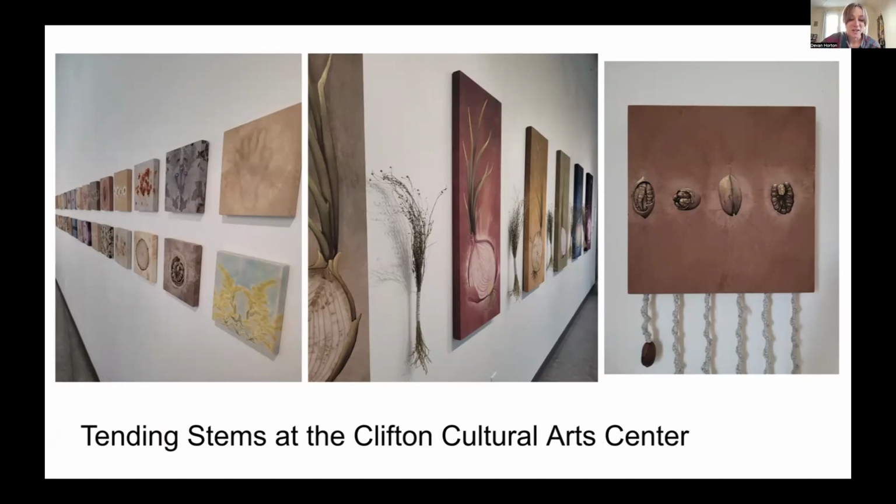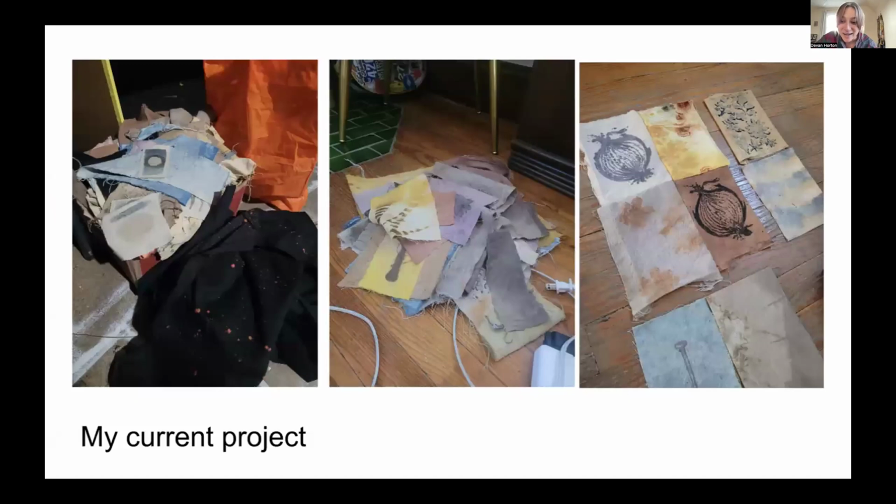And I was really proud of that show because it was my first show that was fully botanical after experimenting for so long. But for this class, I was looking around my studio, and from that show, I just have so many fiber scraps at this point. That's all of the crazy experiments that I've been working on.